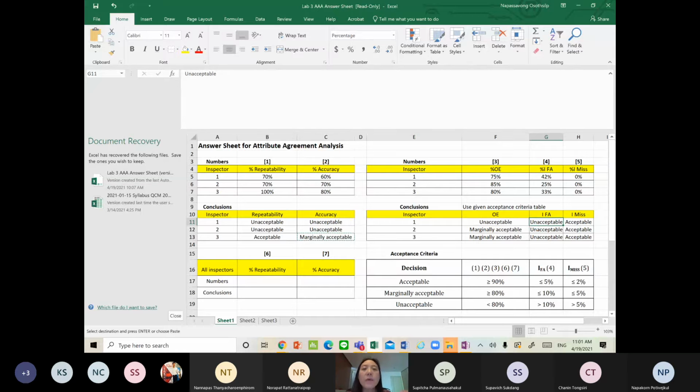Next, if our standard is good enough, we can use it to train the inspectors, and then do a test to make sure that the inspectors can do the inspection with satisfactory accuracy and repeatability.